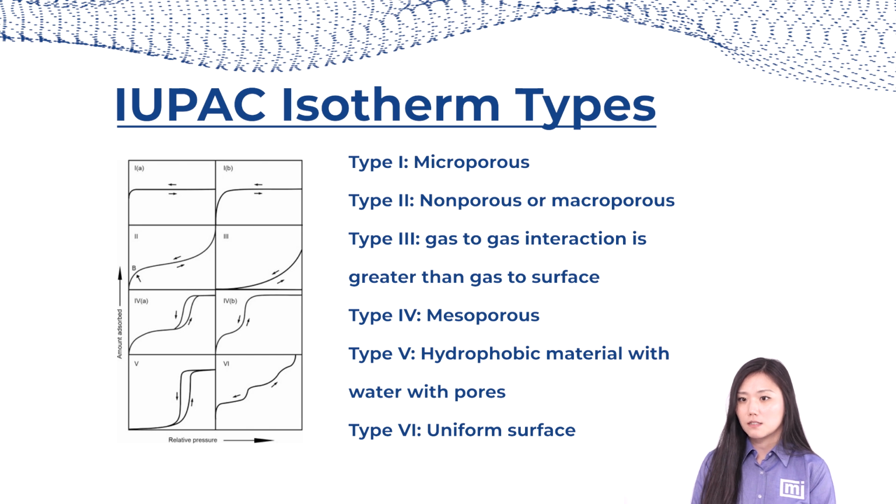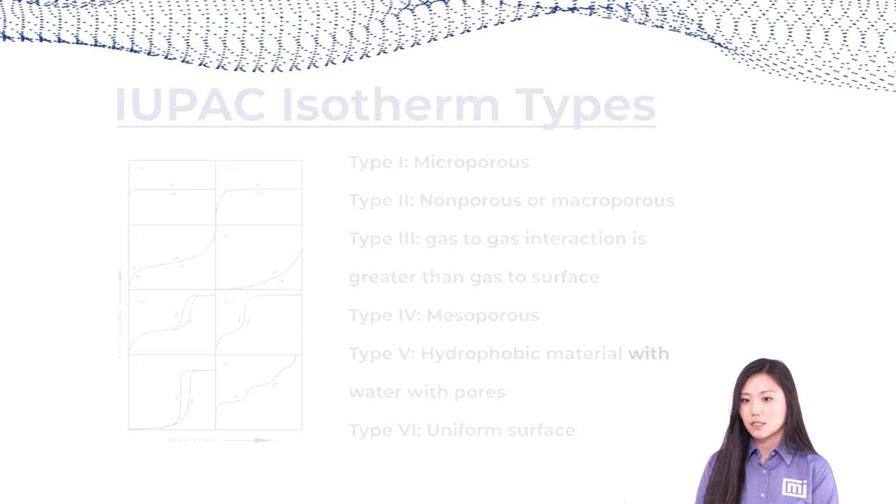Type 5 is similar to type 3, except that the sample has some pores. An example of this is the water adsorption on a hydrophobic material with pores. And finally, we have type 6, which is for the materials with uniform surface.